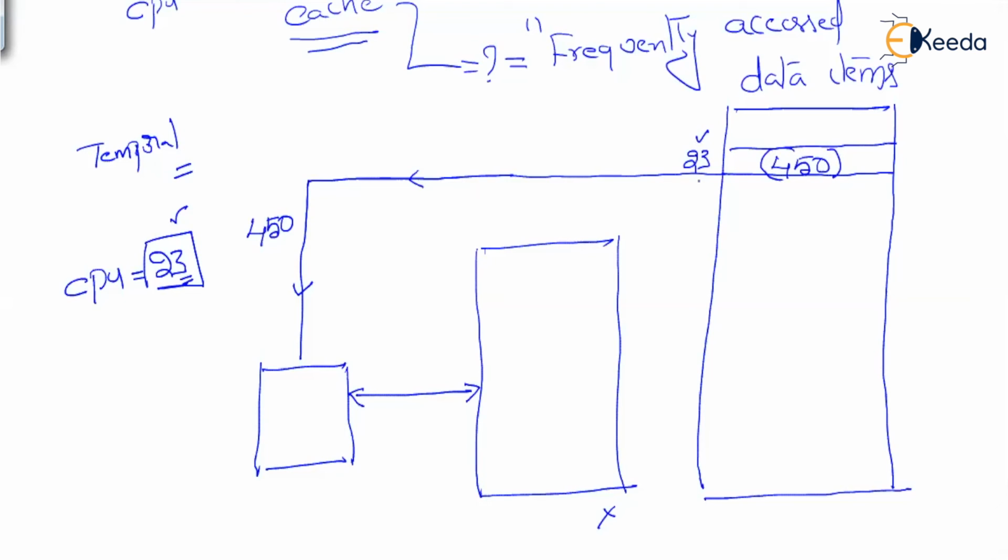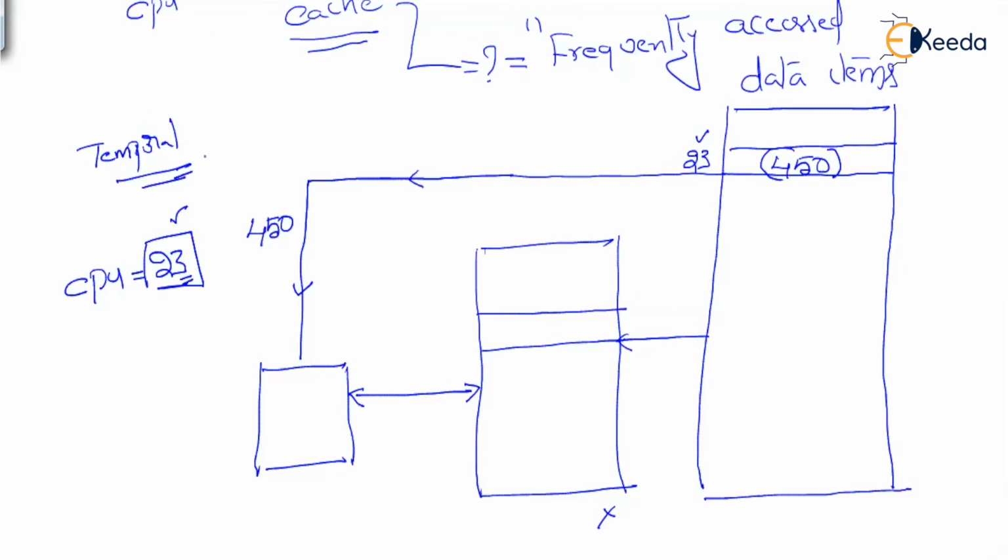So the word available at address 23 might be accessed in the near future. For that reason, the word should be transferred to the cache memory. So tomorrow, in the near future, if the CPU searches for this word, it need not go to main memory. It can directly access it from the cache. So this is what temporal locality is all about.